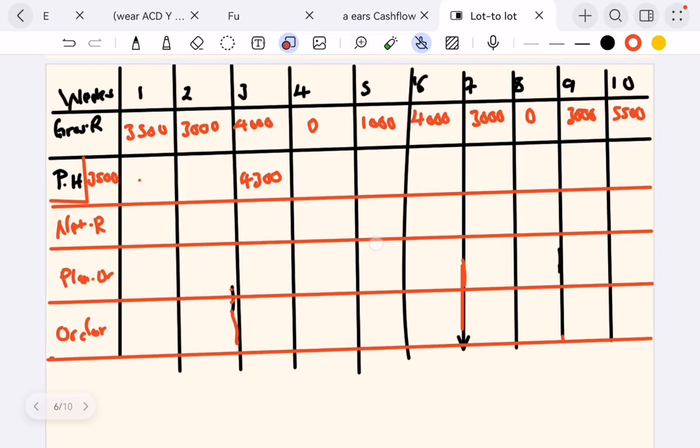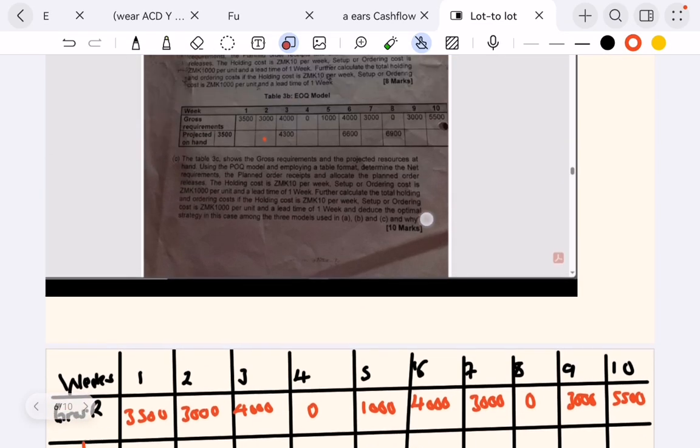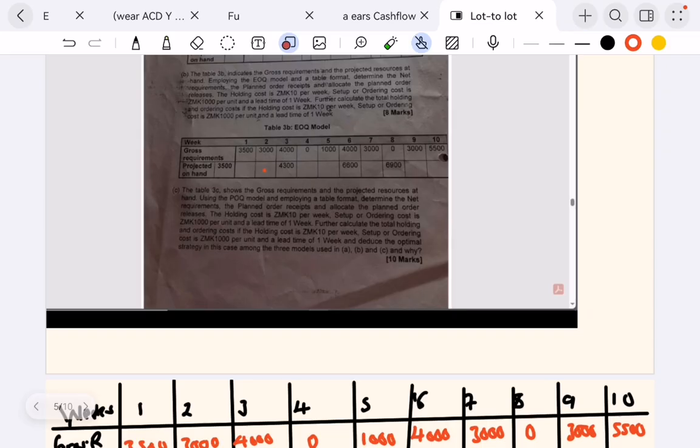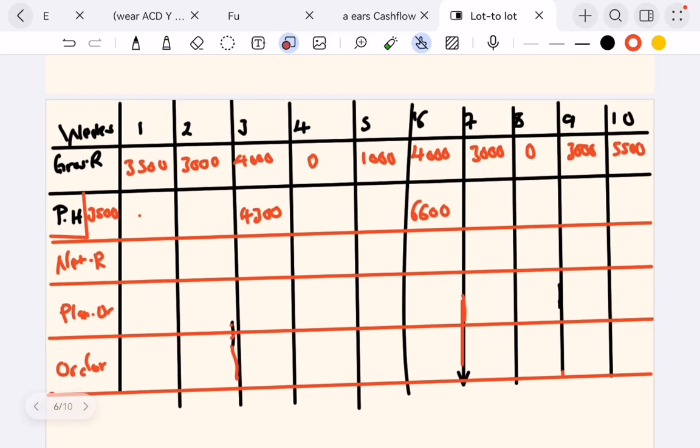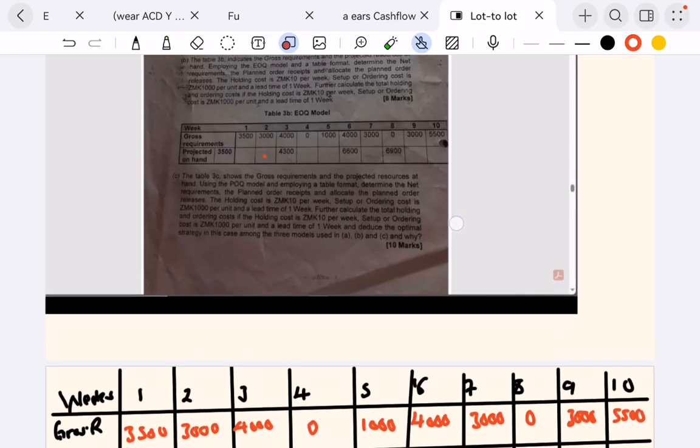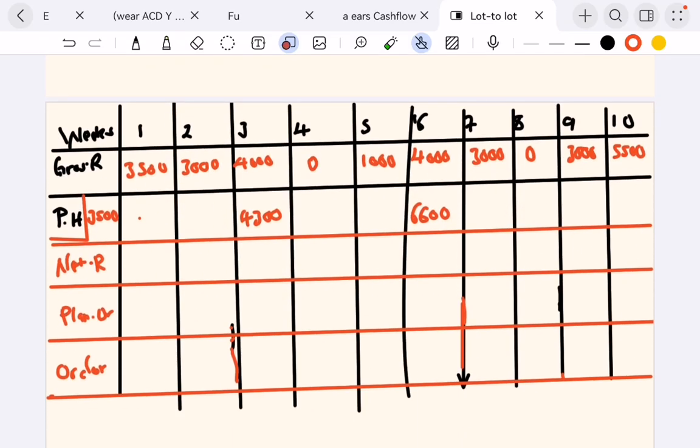Then in week 8 there's 6,900. So those are the figures that are there. Some figures are already there in the table. I'm sure you saw them.